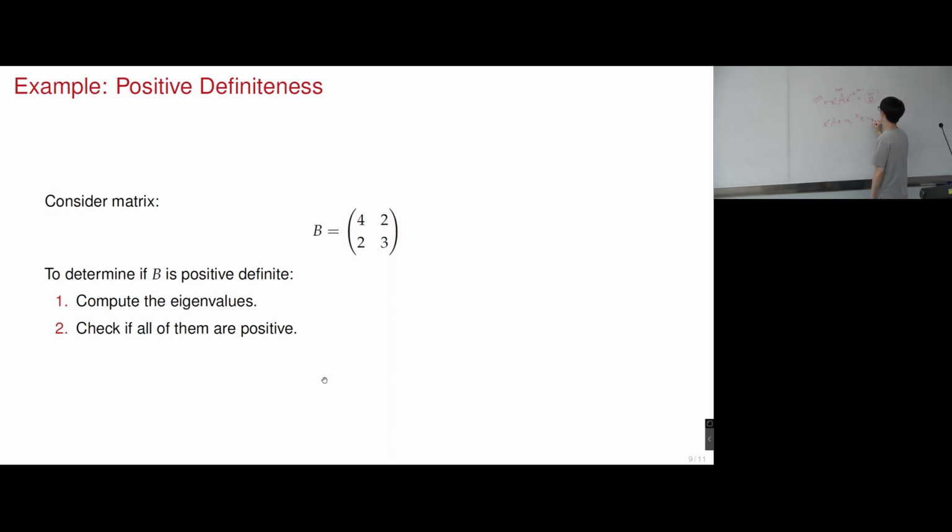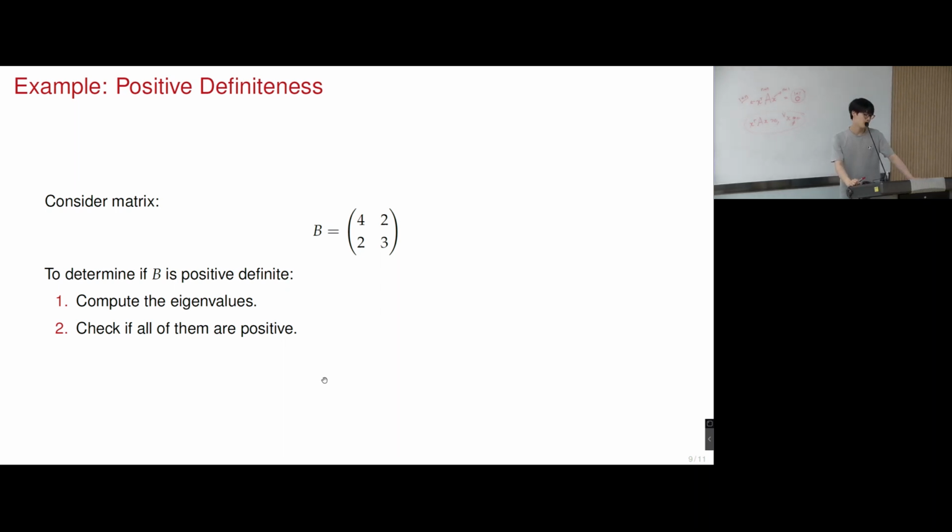So what does it mean for a matrix to be positive definite? It means that as long as x is non-zero, as long as x is not 0, if you do this multiplication for any sort of vector x, you can multiply by A, and we're always going to get a positive value. Okay, so if that happens, we call this matrix a positive definite matrix.